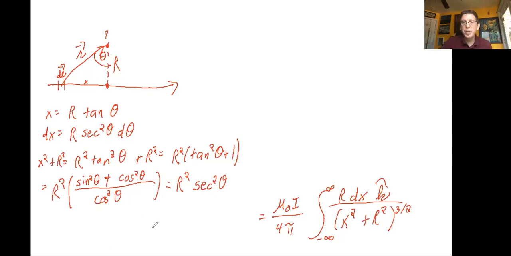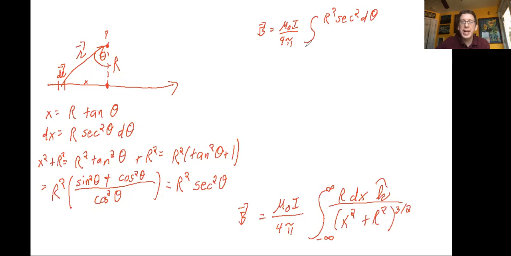So now we can write B as equal to mu naught I over 4 pi. In the numerator, you have r times dx, so that becomes r squared secant squared d theta.